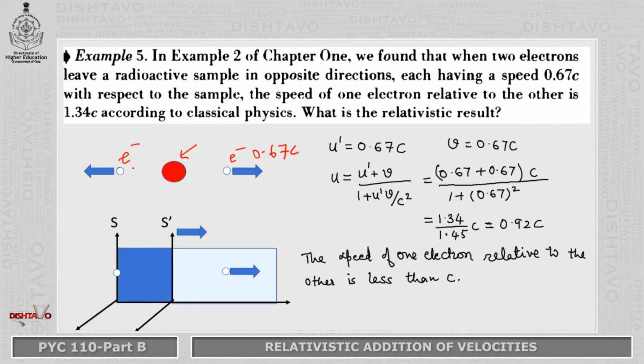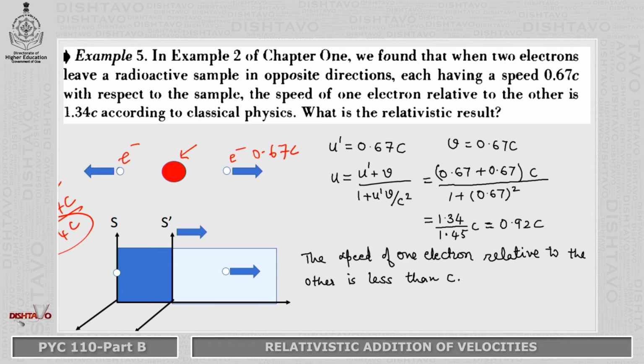Classically, both are moving in opposite directions, so the velocity will turn out to be 0.67 c plus 0.67 c, that is 1.34 c, and certainly 1.34 times c is larger than the speed of light, and it is not in accordance with the postulates. Therefore, we have to use Einstein's velocity addition theorem, and we will work it out now.